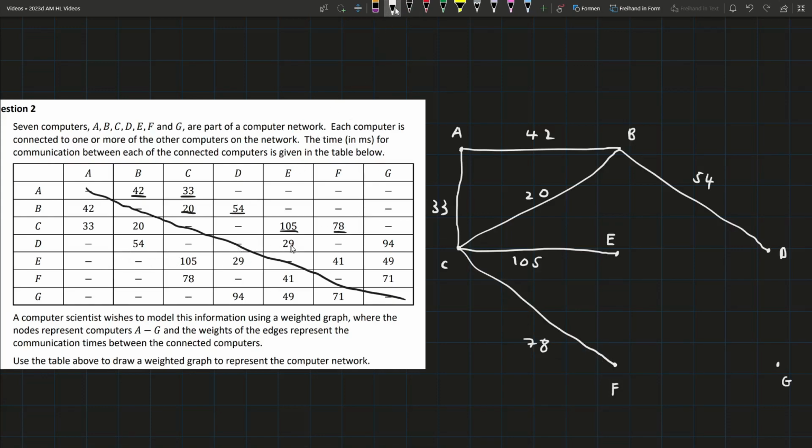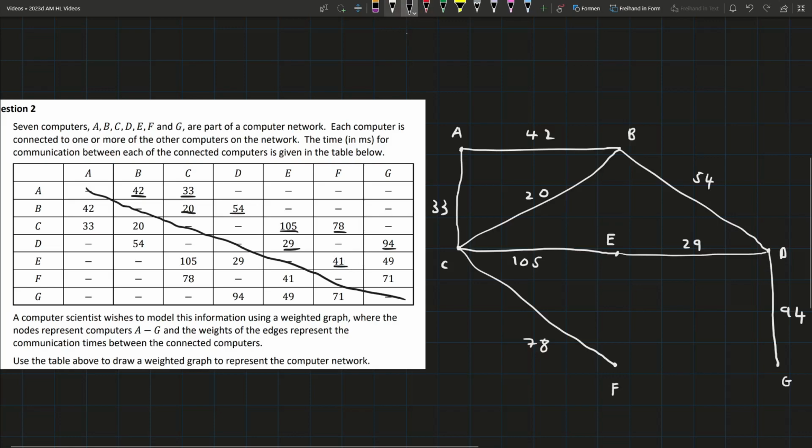Then we look at D. D to E is 29. So D to E, it's 29. And then D to G is 94. So we can do this, 94. Then we're moving on to E. E to F is 41.